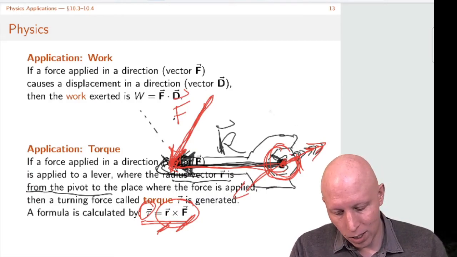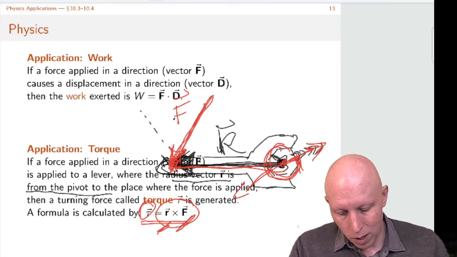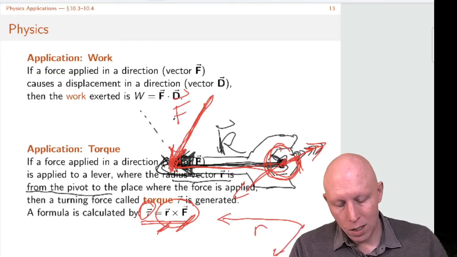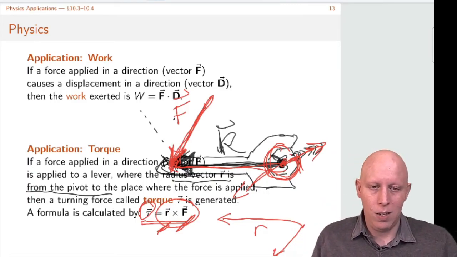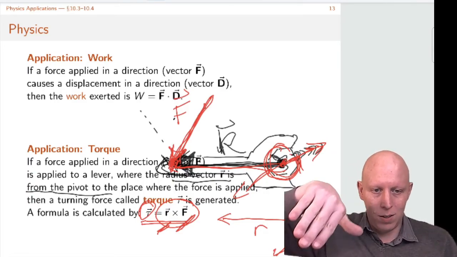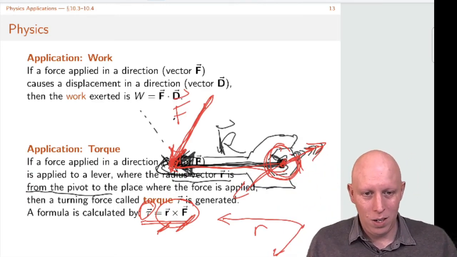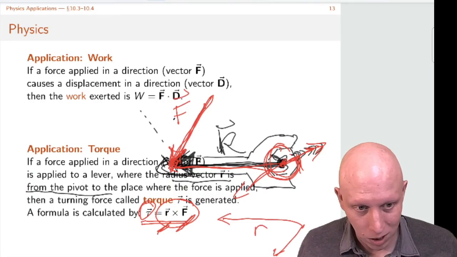Right? Let's look at what the right-hand rule would say here. We've got R, and F is a vector that looks like this. And so if I'm using my right hand, let's see how this looks. Kind of hard to do this. Here's what I'm going to do. I'm going to stand over it.